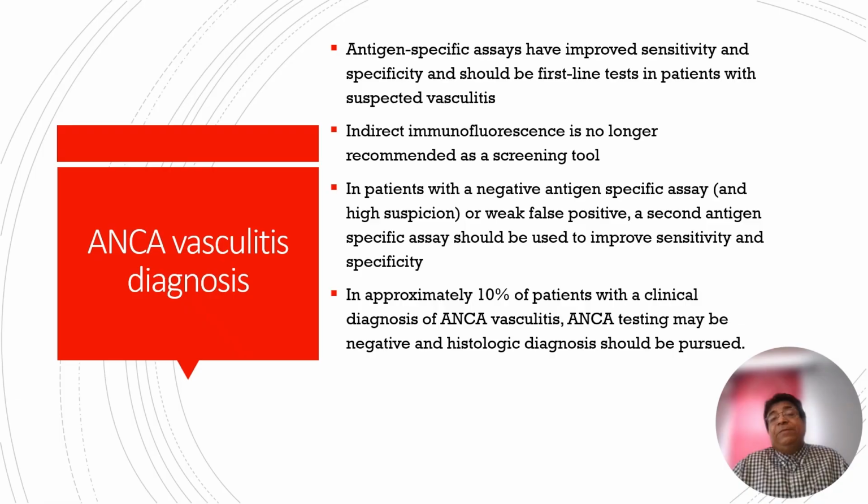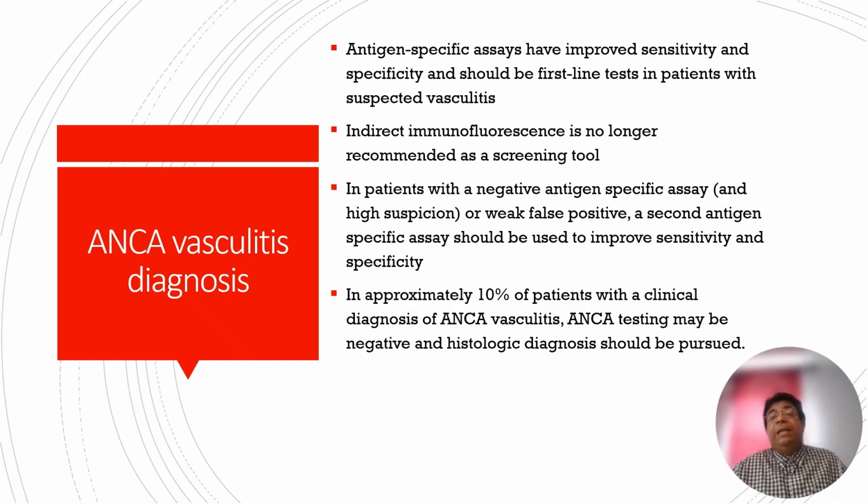So antigen-specific assays have improved sensitivity and specificity and should be first-line tests in patients with suspected vasculitis. So we no longer check non-specific ANCA antibodies. We check specifically for anti-MPO or anti-PR3 antibodies. Indirect immunofluorescence is no longer recommended as a screening tool.